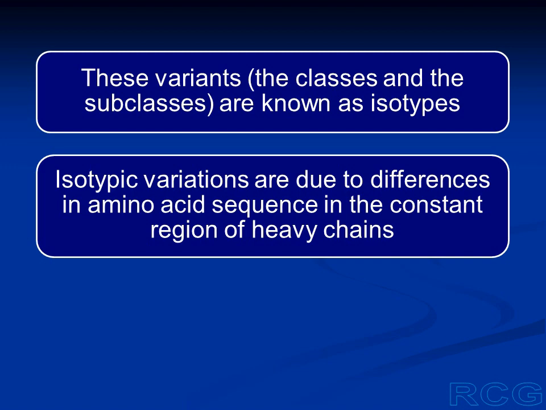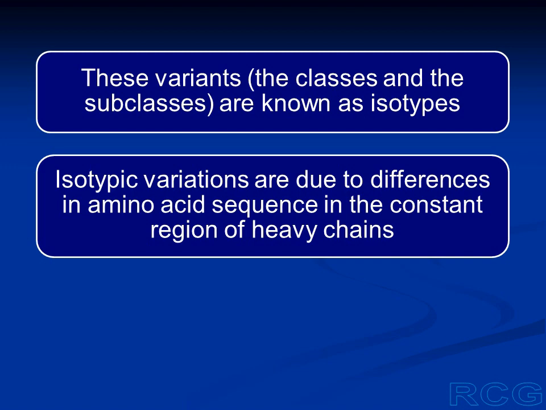Each class is an isotype, each subclass is an isotype. So we have seen that immunoglobulin G exists in the form of IgG1 or IgG2 or IgG3 or IgG4. So these are four different isotypes. Immunoglobulin A exists as IgA1 and IgA2. So these are two isotypes.